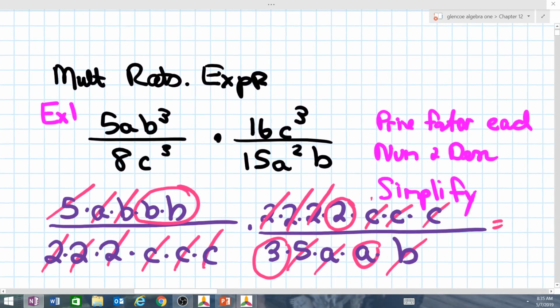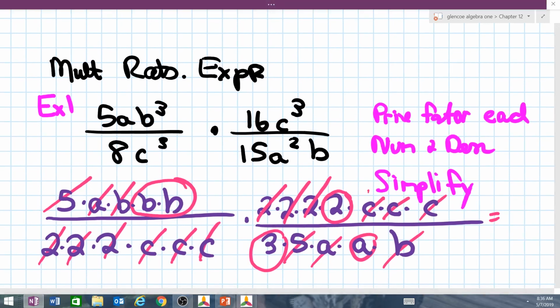My first example here is 5ab cubed over 8c cubed times 16c cubed over 15a squared b. Are y'all with me?